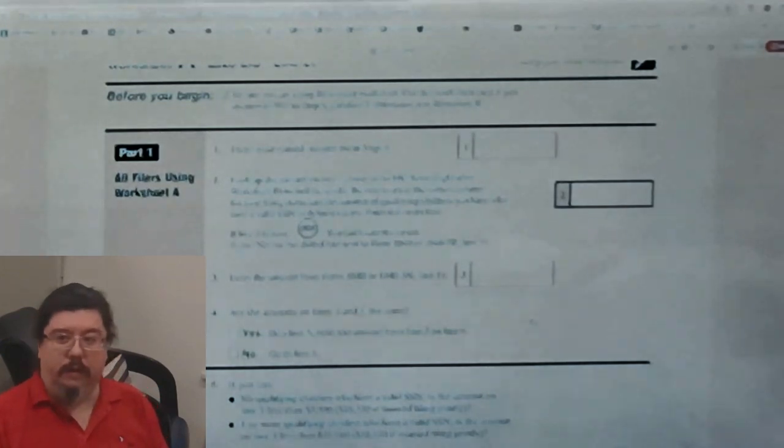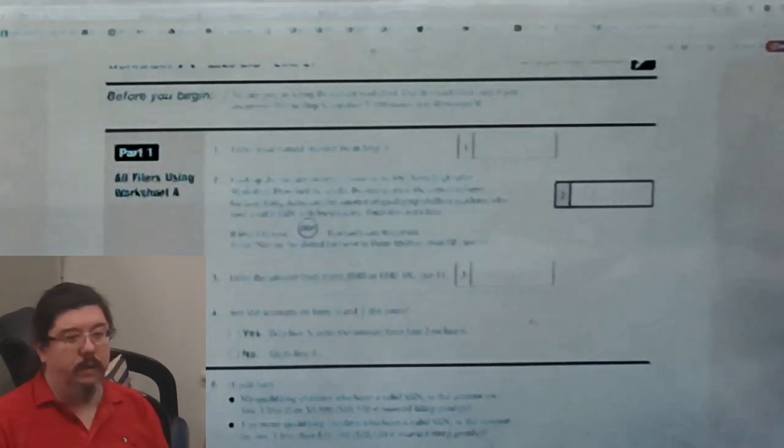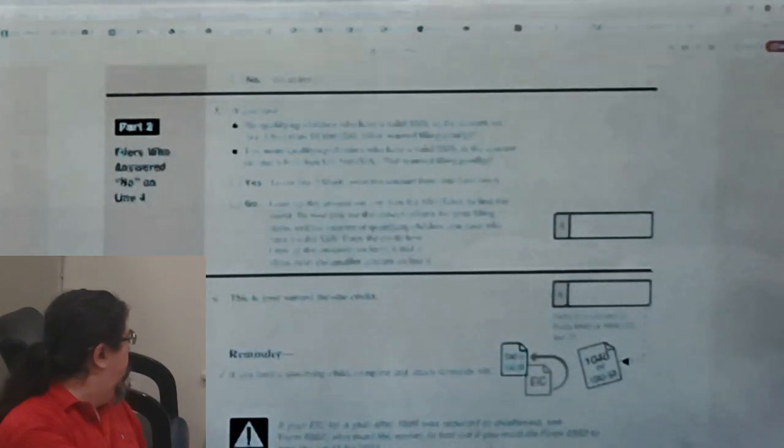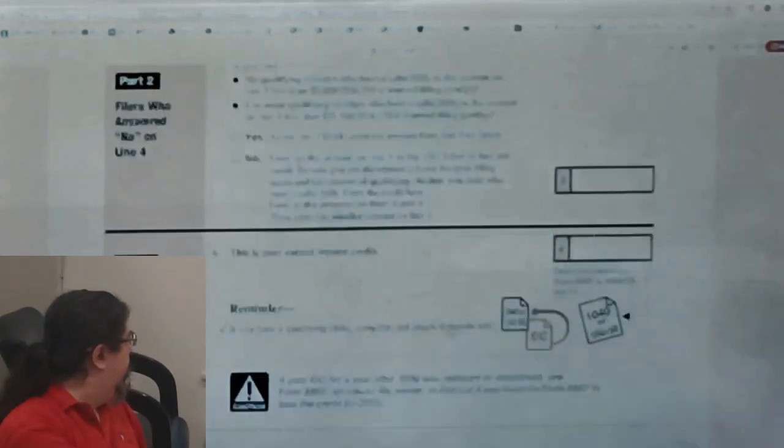You'll get two different amounts, one based on your earned income, one based on your adjusted gross income. And your credit is the smaller of those two amounts. And then that's your earned income credit.